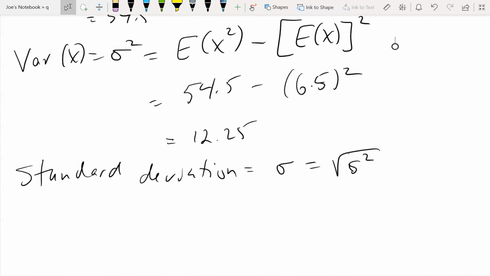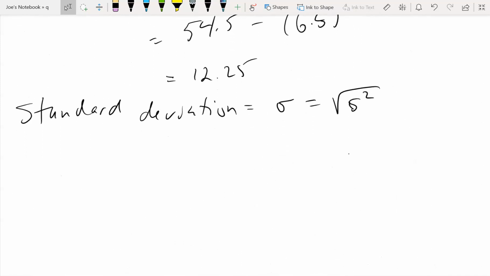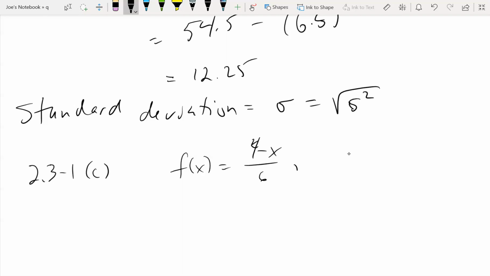Like, I'll pull one out here. I think we started one last time, 2.3-1c, where your f of x was 4 minus x over 6, where x is 1, 2, or 3. So you do the same thing with that. In that case, you would do 1 times 4 minus 1 over 6, or 2 times 4 minus 2 over 6. You have a formula plugged into the table. Same idea.